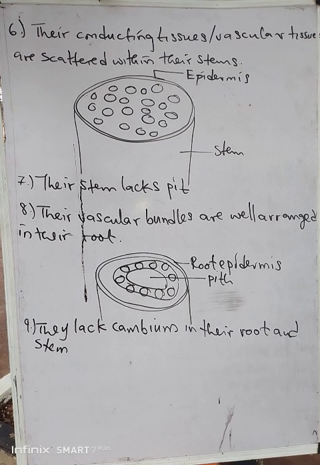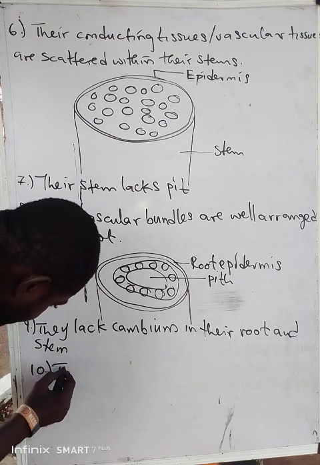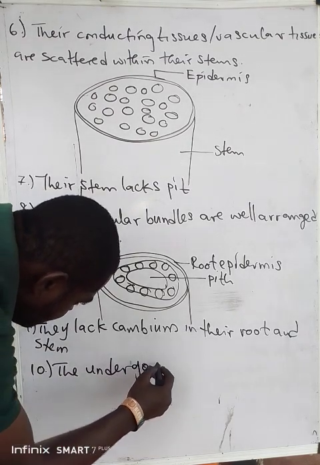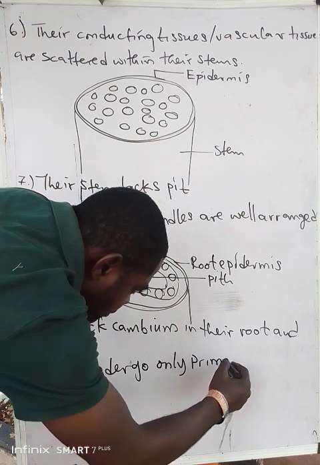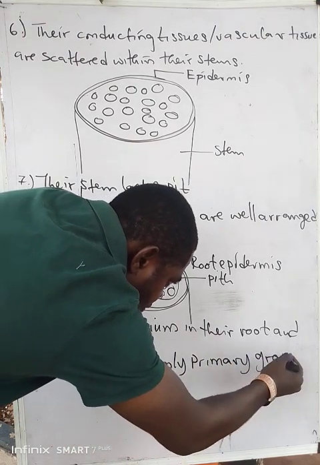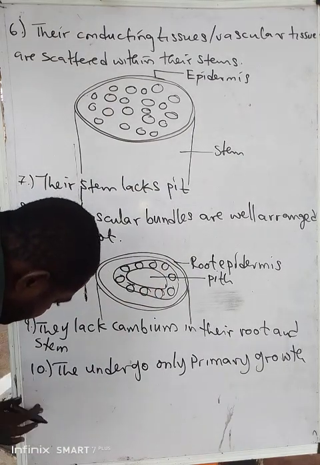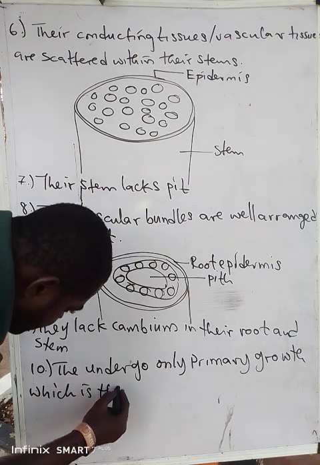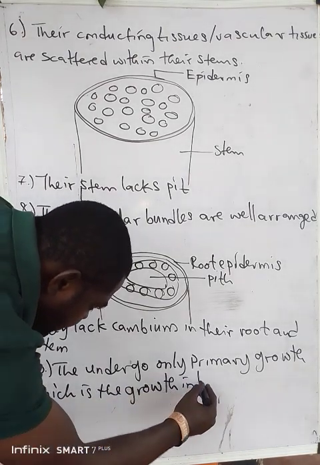But this one they don't have it. So they undergo only primary growth. What is primary growth? You undergo only primary growth, which is the growth in height.